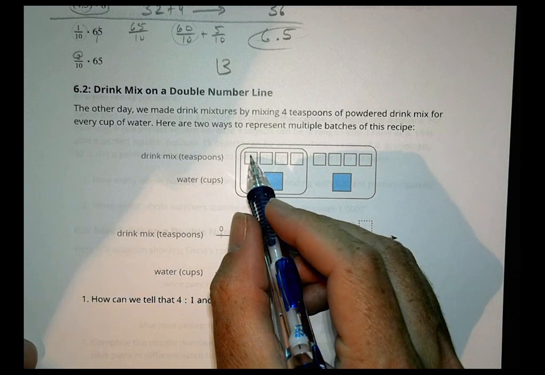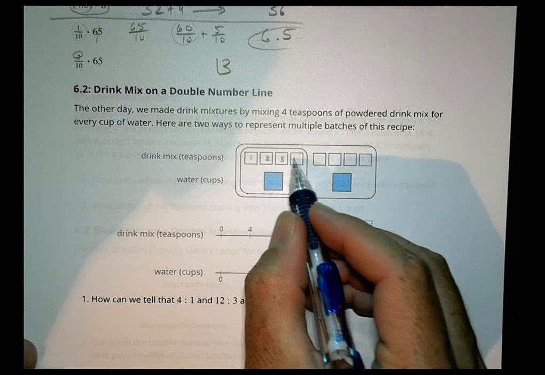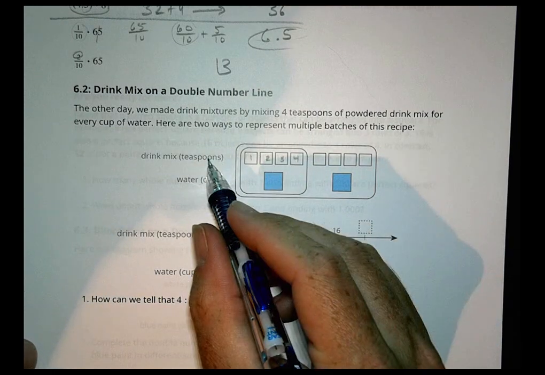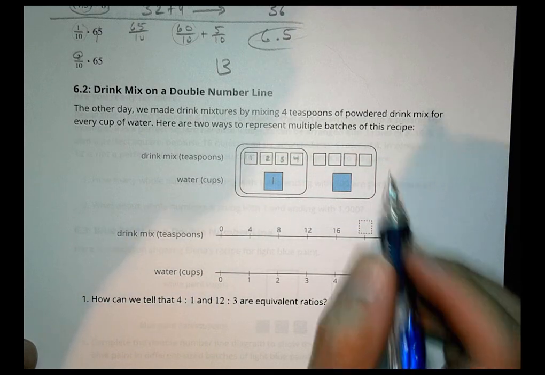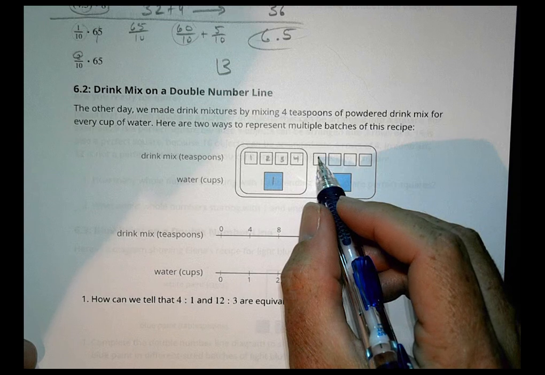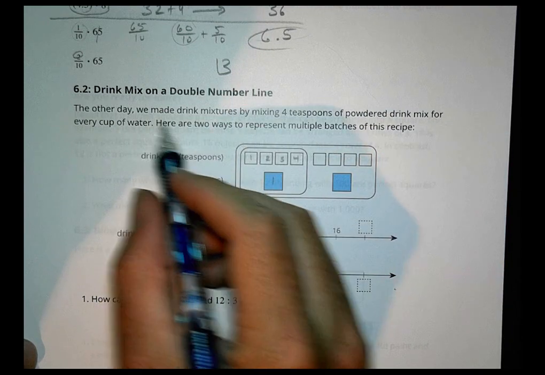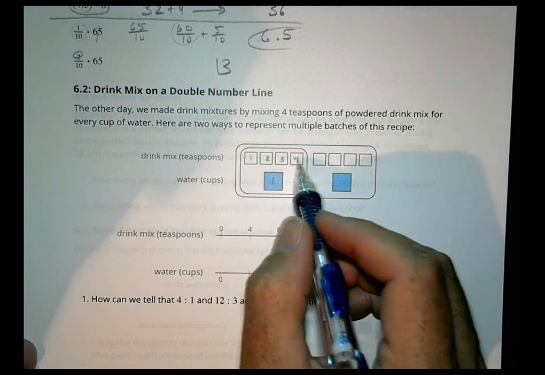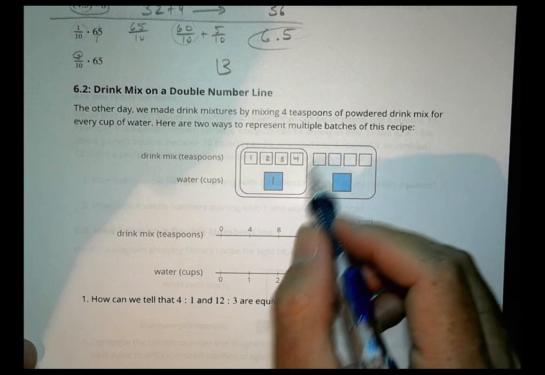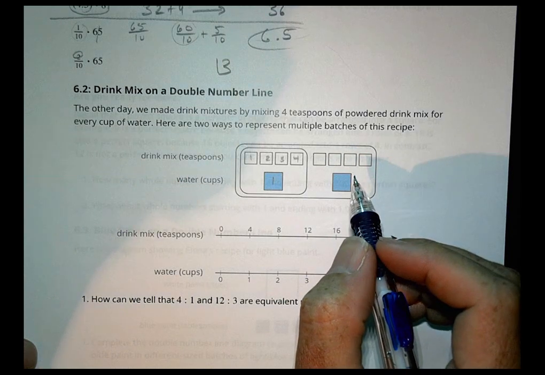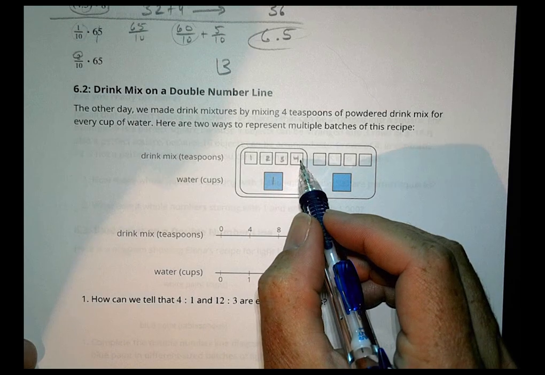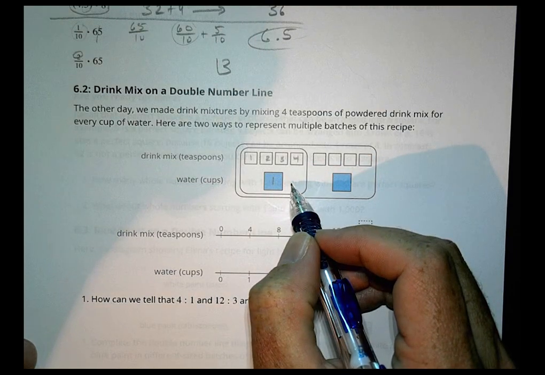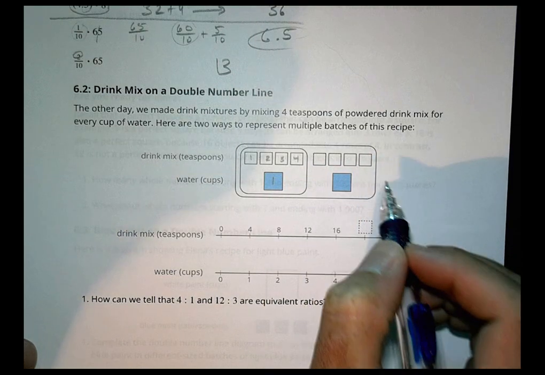And we can see here that we have 1, 2, 3, 4 teaspoons of the drink mix for every 1 cup of water. And we did 2 of them there, because it looks like we're making not just 1 batch, but 2 batches there. So that's our recipe: 4 teaspoons for 1 cup of water, and it looks like we have a couple going on.